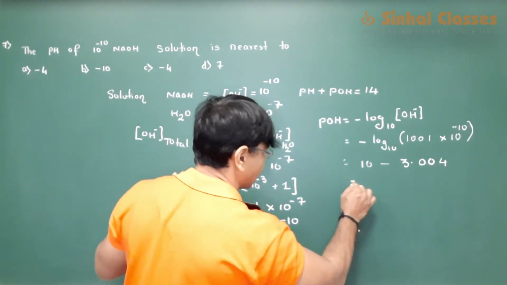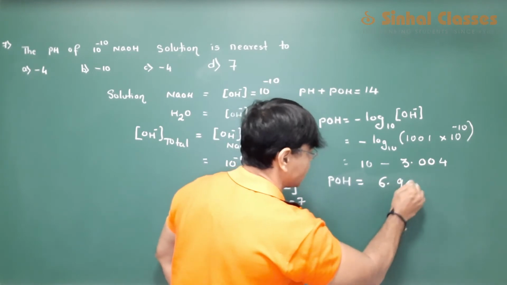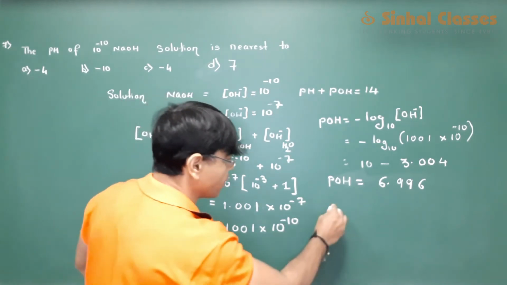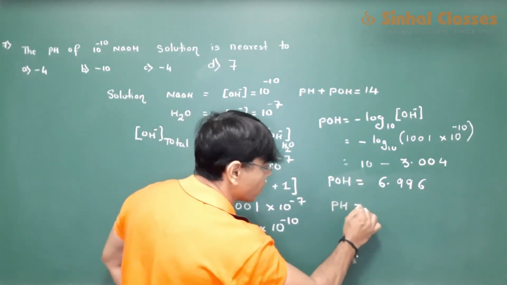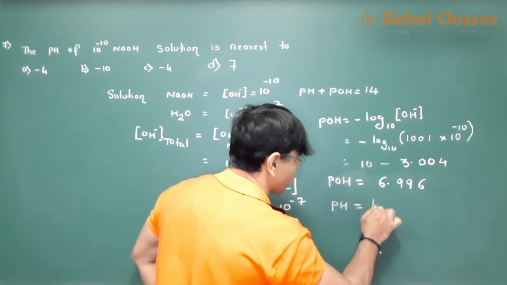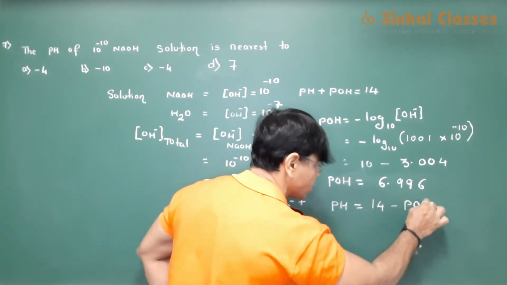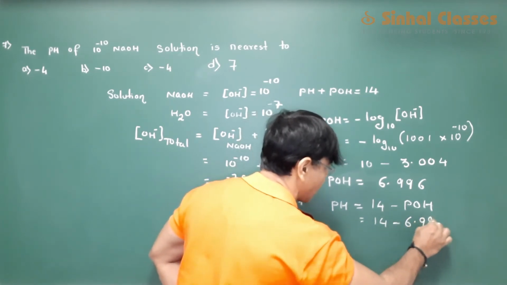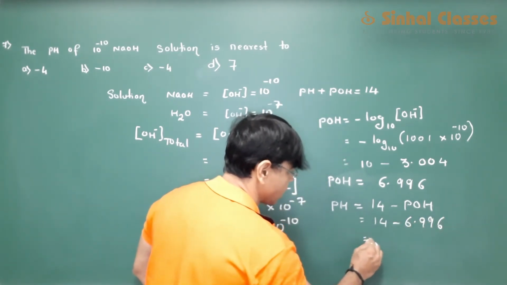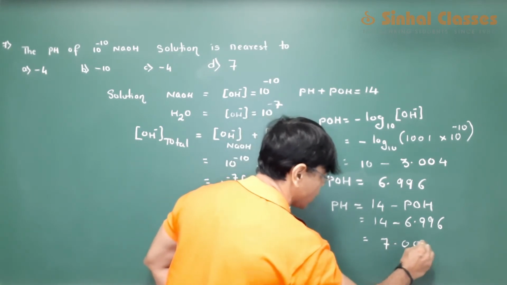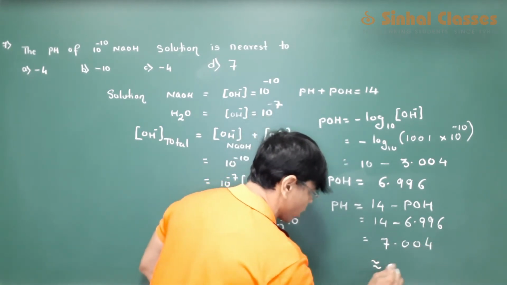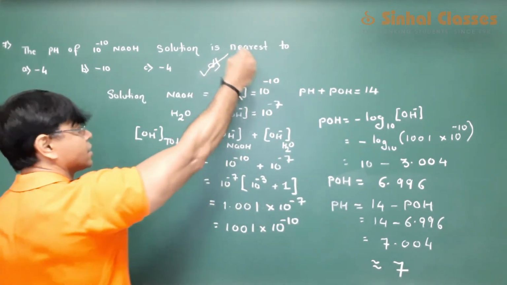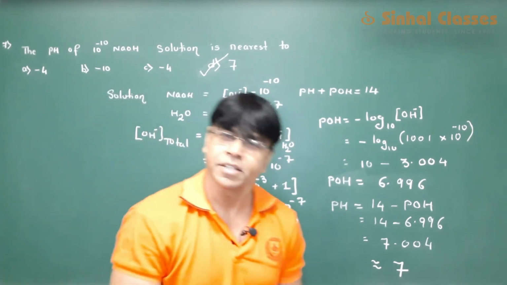When you subtract it, 6.996. This is pOH, but we wanted pH. So pH will be 14 minus pOH, so 14 minus 6.996 is equal to 7.004. So approximately 7. So your answer for this question is D, that is 7.